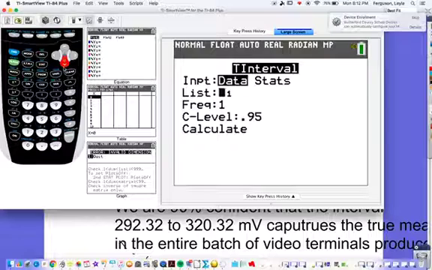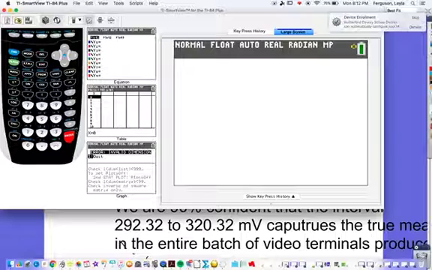You're going to change your confidence level to 0.9. You're going to make sure that you leave your L1, so your stat L1 that you did earlier, you're going to keep that, so your list should show L1. Keep your frequency at 1, and then you're going to go to calculate.